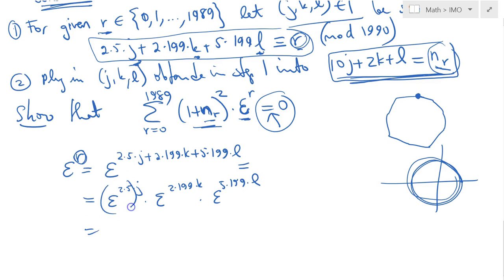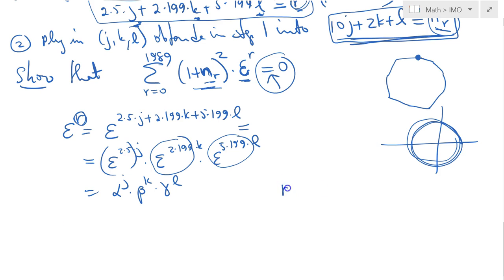But epsilon to the 2 times 5 is basically alpha, so this is alpha to the jth power, then this one is beta, so we have beta to the kth power, times finally this one is gamma, gamma to the lth power. Recall that r is chosen from the set 0, 1, all the way to 1989, one by one. As we pick an r, as 0, 1, 2, 3, it will create the triples j, k, l, as we did in step 1 of the procedure above.